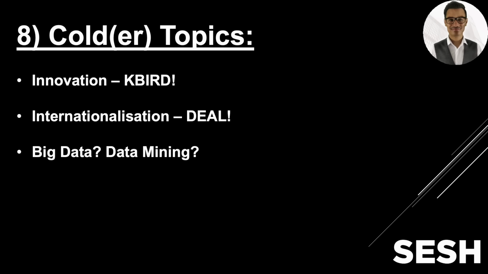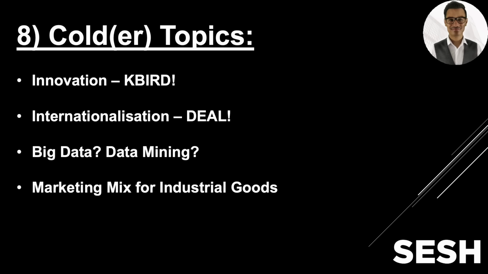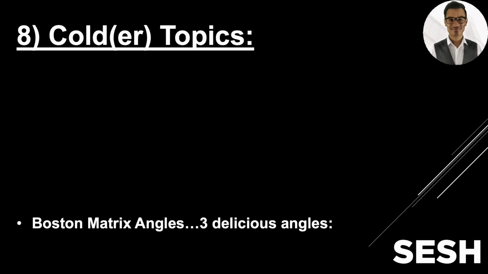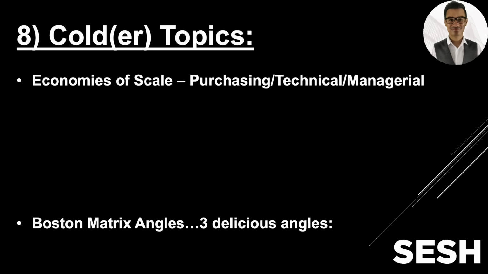Maybe big data, maybe data mining, all of that Unit 9, right? Marketing mix for industrial goods, hanging on to it. Pricing strategies, we've not seen price skimming, we've not seen price penetration, so let's just watch out for that, be on top of that. And then Boston Matrix, I'll talk about that at the end and give you some delicious angles for that type of question.